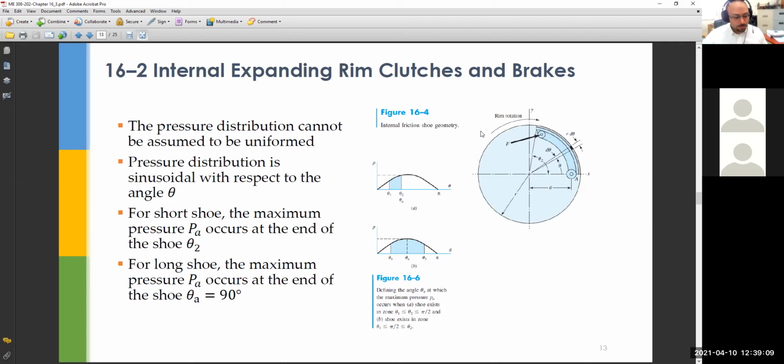And apparently, because you're actuating from one side and the shoe is curved, the assumption that the pressure is uniformly distributed is not valid. And in reality, we are going to come back and see that it actually changes. The pressure is going to be assumed to change in a sinusoidal way.